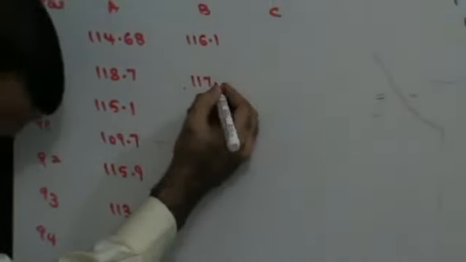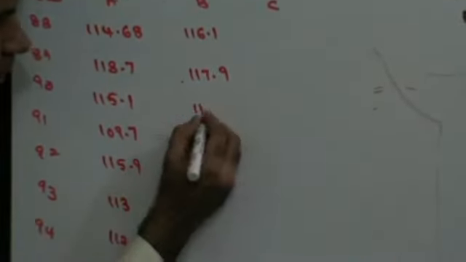Then 510 divided by 4.4 is 115.9. Then 520 divided by 4.6 gives you 113. 540 divided by 4.8 is 112.5. Now let's come to company B. 395 divided by 3.4 is 116.1. 460 divided by 3.9 is 117.9. 481 divided by 4.2 is 114.5.